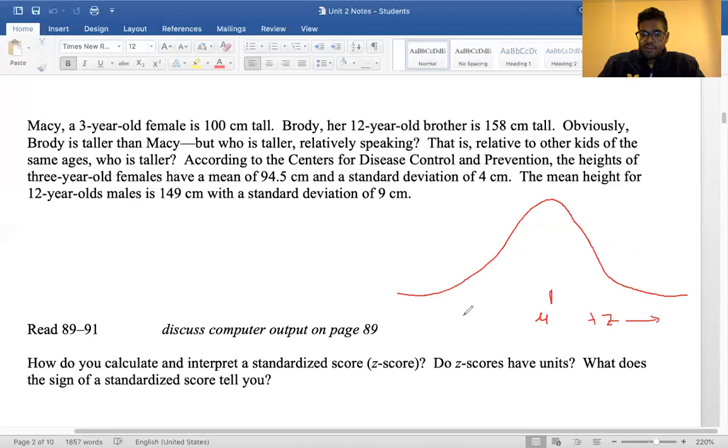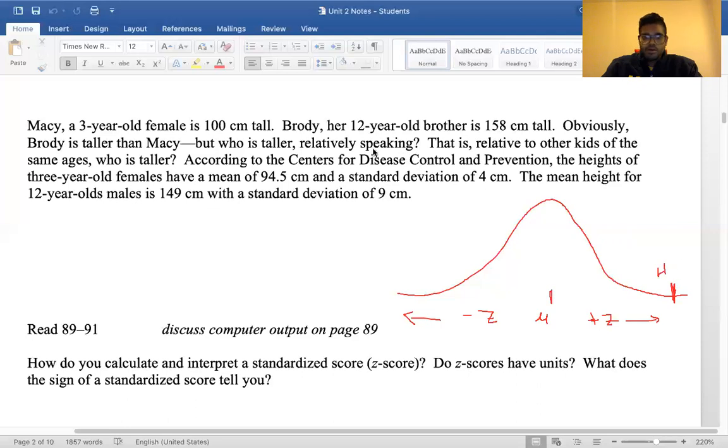You have negative z-scores going this way. The more extreme your answer is, the more extreme the probability is going to be. So if you have a value way out here, that percentile is going to be extremely high. Same thing if you have a value, I can actually write this, a probability out here is going to be really high.